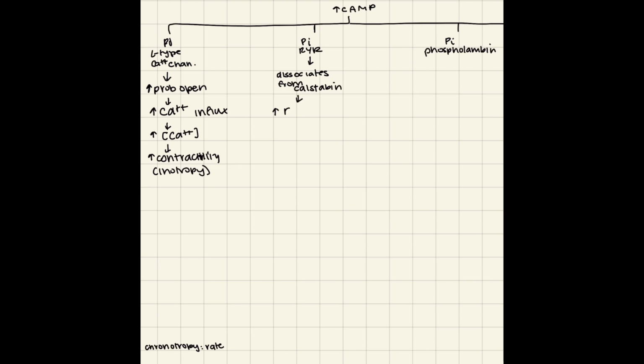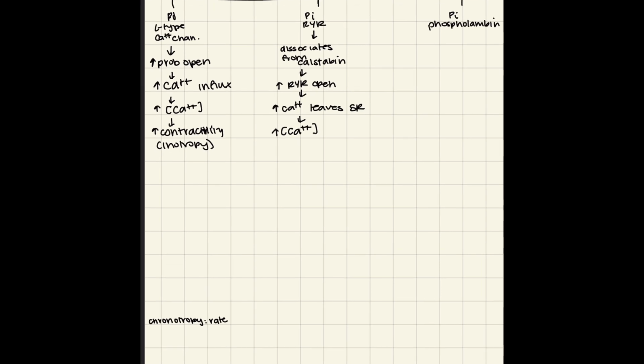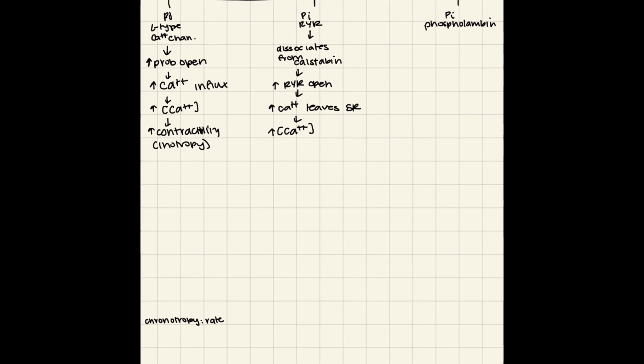So this is going to increase the probability of the RYR being open, which then increases the calcium that leaves the sarcoplasmic reticulum, which then increases the concentration of calcium available to bind to actin, or really to bind to troponin, which then increases contractility. It also increases the plateau phase, which increases contractility, which increases inotropy. So that's an inotropic effect as well.